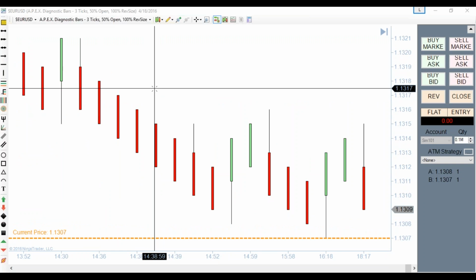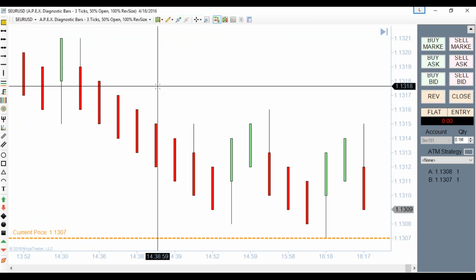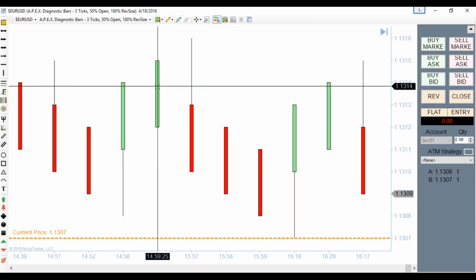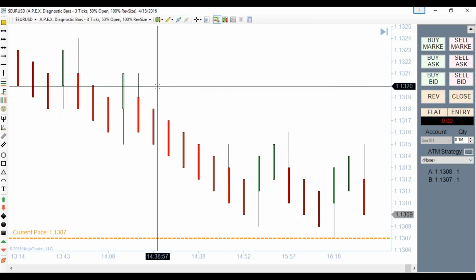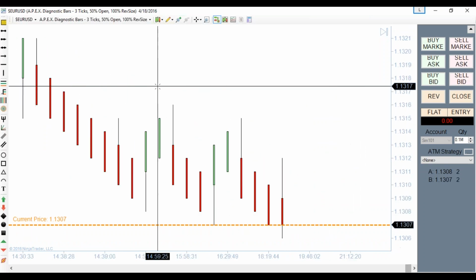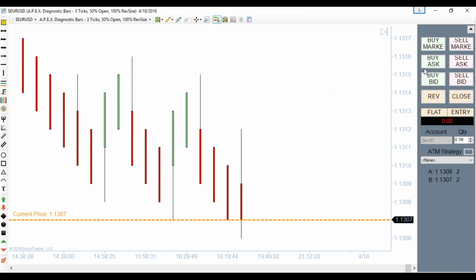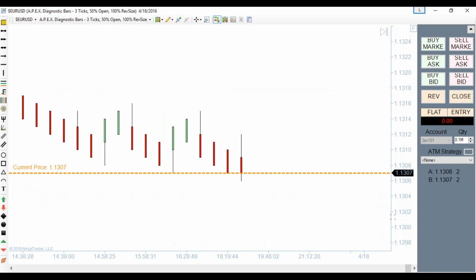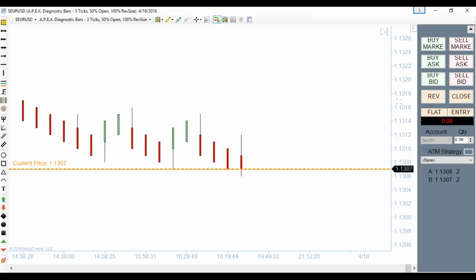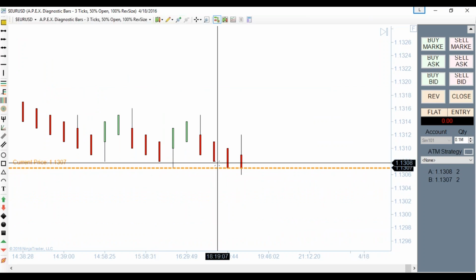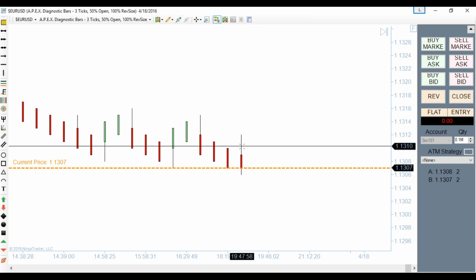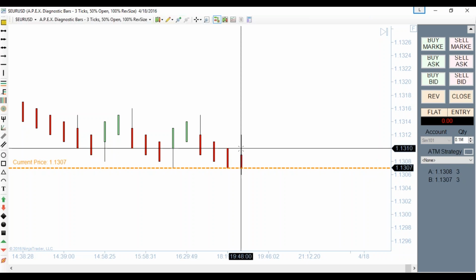Here's the euro dollar, right? So let's bring this chart way in here, and I'm going to squeeze it. Okay. So at basically 7 o'clock, the market was at 13.10, correct?